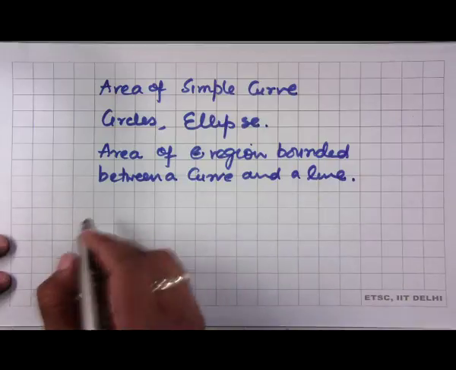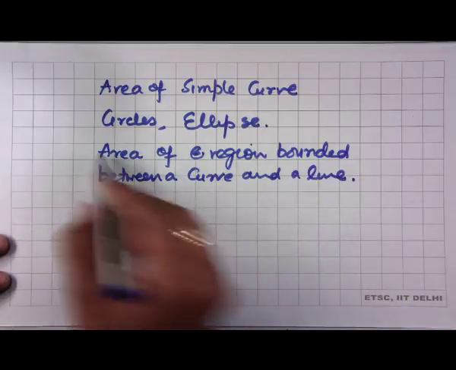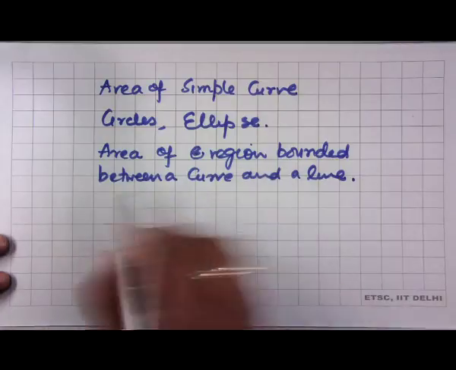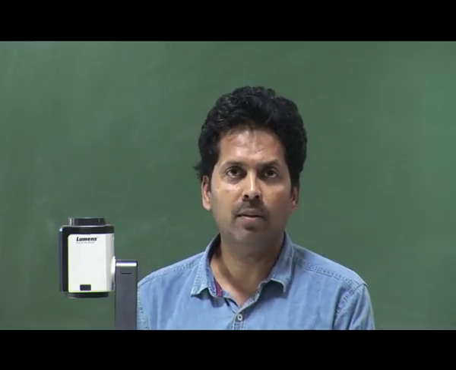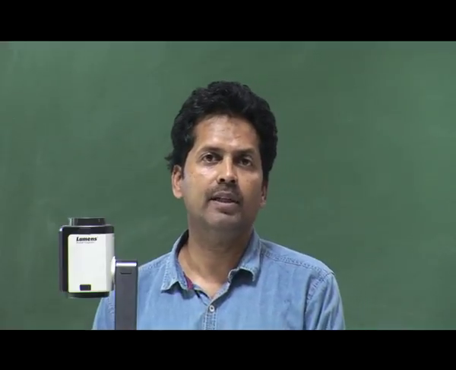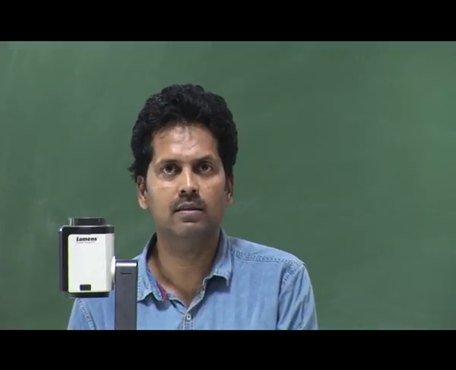Some more problems are left in this category where we are looking for the area of a region bounded between a curve and a line, and more complicated examples will be taken in further classes. Thank you.